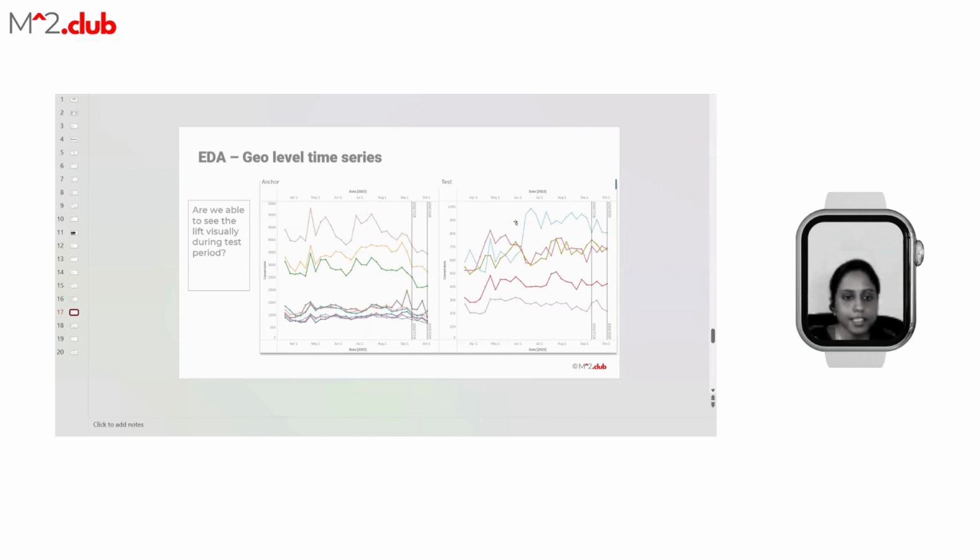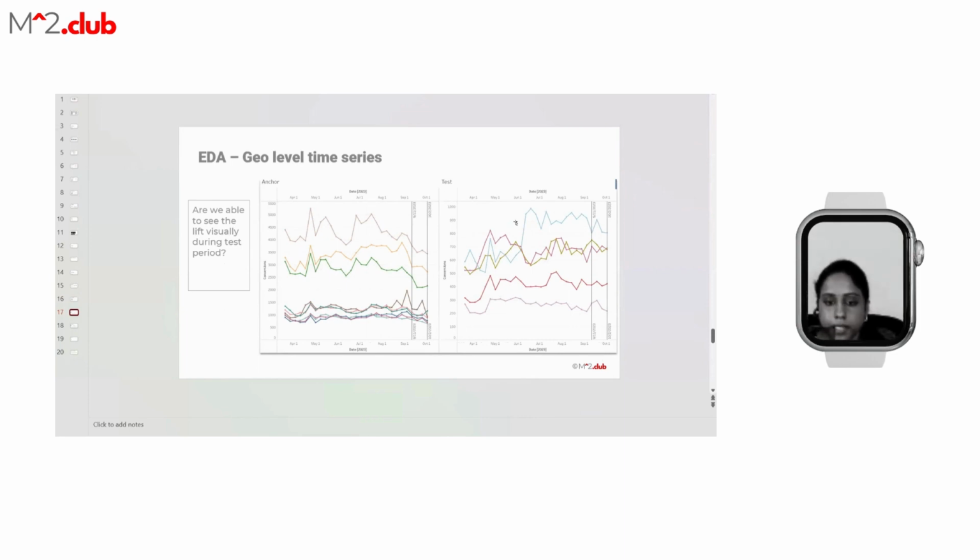The next chart here is another representation of the geo level time series chart. I've marked out the test period and am separately showing the anchor cell and the test cell. What we can hope to see here is that sometimes we'll be able to visually see if there is a lift.